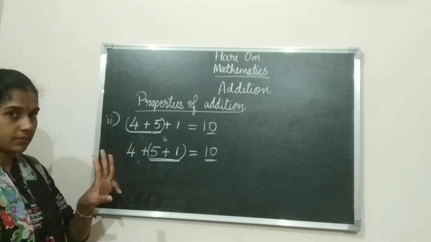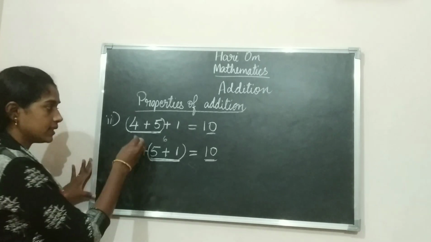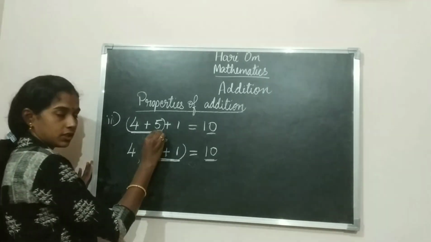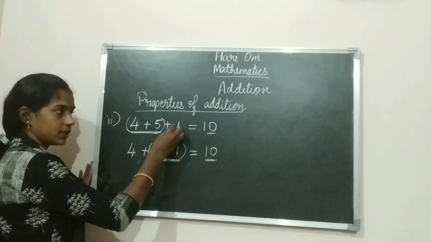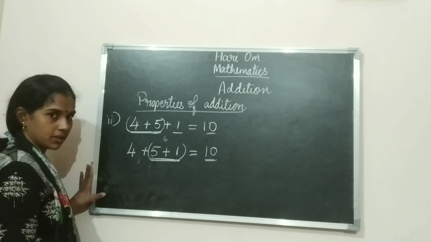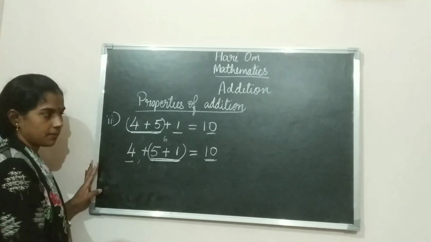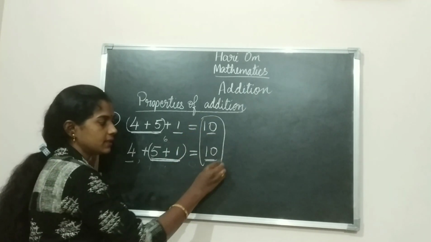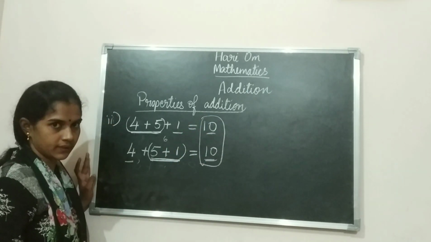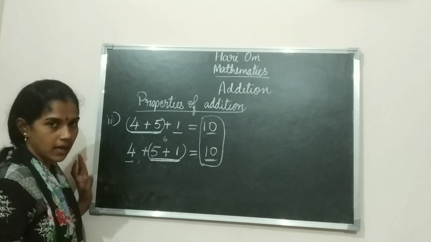There are three numbers in this. So adding these three numbers, if we add the first two numbers and then the third number, or add the last two numbers and then the first number, the answer remains the same. There is no change in the answer.